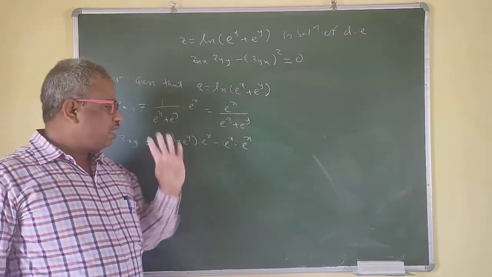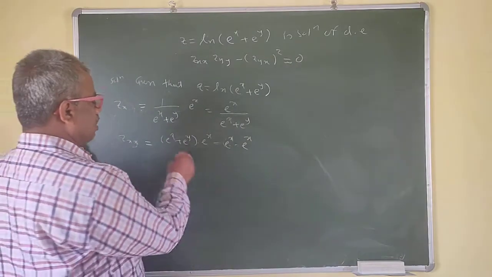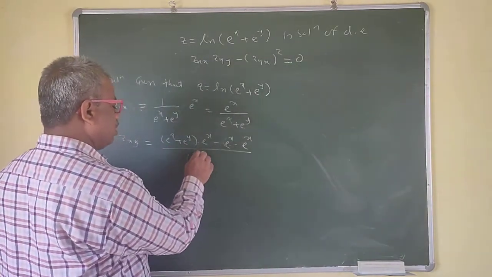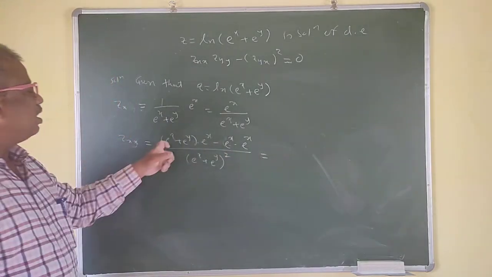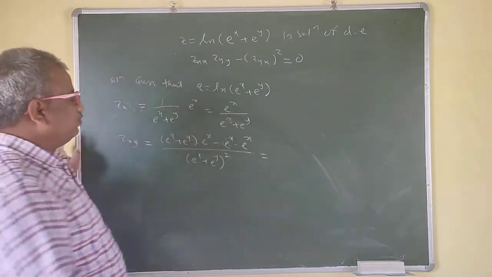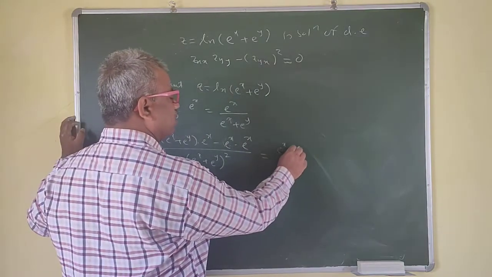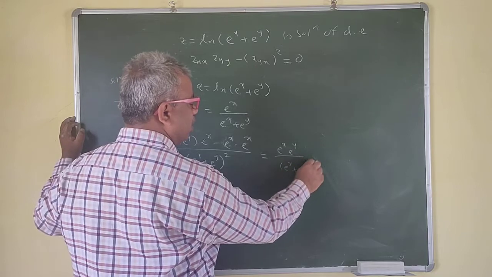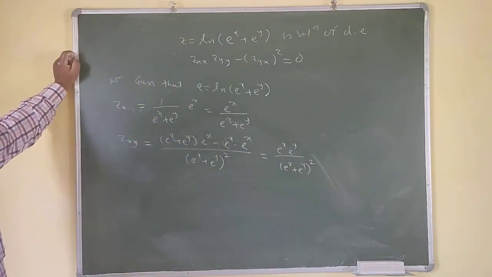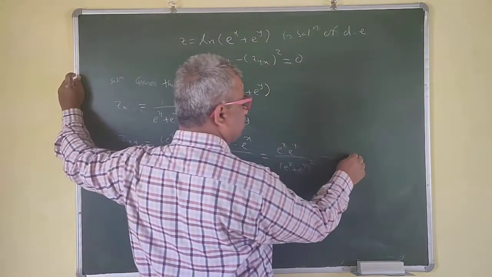The derivative of e raised to y will be 0. This is upon the square of the denominator, (e raised to x plus e raised to y) square. So what we get here? e raised to x into e raised to x gets cancelled. So this is e raised to x e raised to y upon (e raised to x plus e raised to y) square. Okay, we call this as 1.